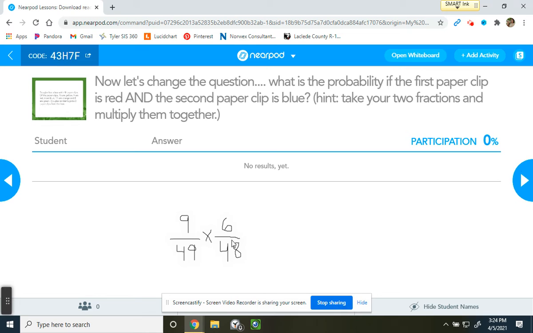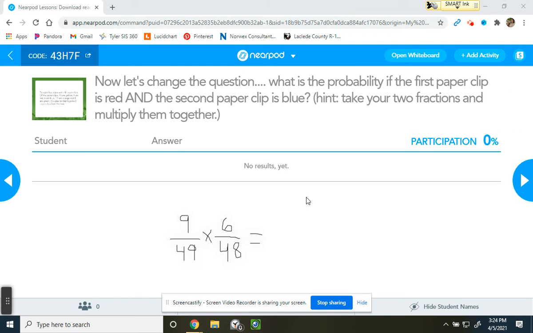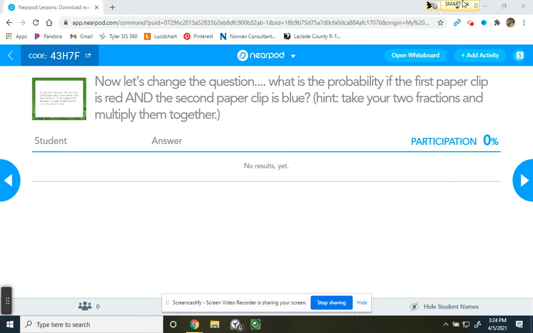If you multiply those, and you want an actual calculator so you can use the fraction button, you're going to get a ridiculous fraction that equals 9 over 392. Okay, and that is your actual probability that you're going to pick a red one first and then a blue one. So pretty dang low. You always just multiply your 2 probabilities together.